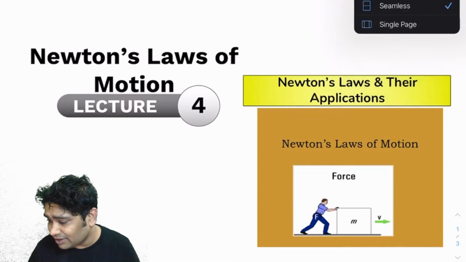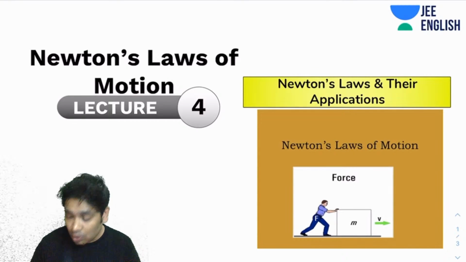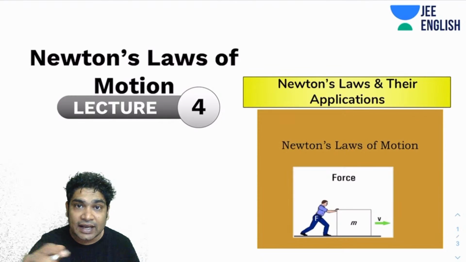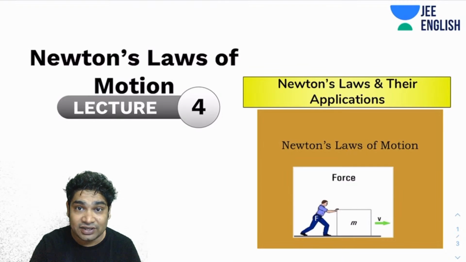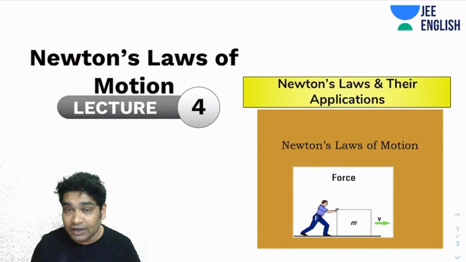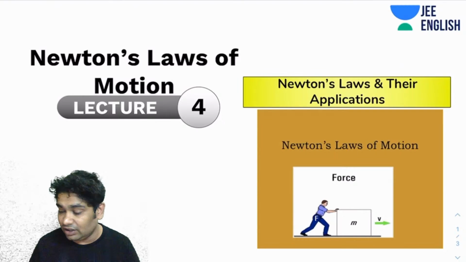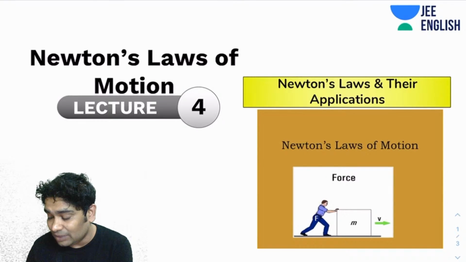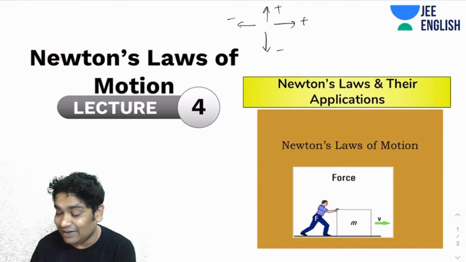Okay, so for education, forget about the direction of g, forget about the direction of velocity. We know that velocity and acceleration both are vectors. So what we are doing is choosing signs to represent the directions of those vectors. Normally, if something is towards the right, we take it as positive. If something is towards the left, we take it as negative. If something is towards up, we take it as positive, and something which is down, we take it as negative.